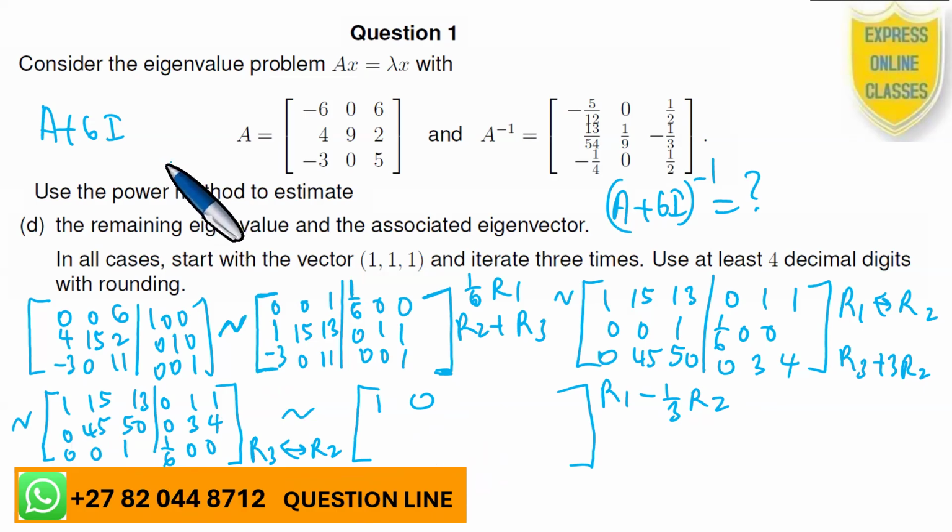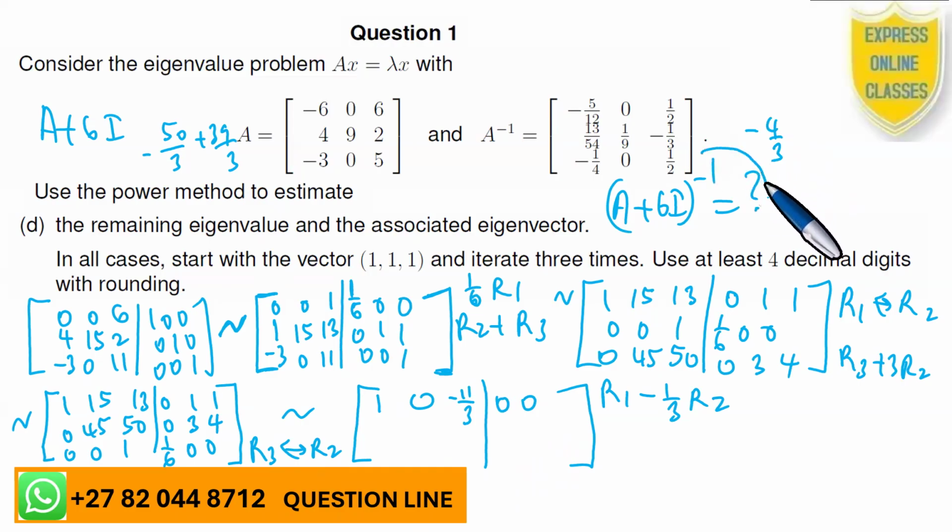So you have 50 over 3, which is minus 50 over 3, and then with row 1, 39 over 3, and this becomes exactly minus 11 out of 3. And then 0. Minus 1, and you add, we have a 0. Minus 4 over 3. Plus 3 over 3. Minus 1 over 3.